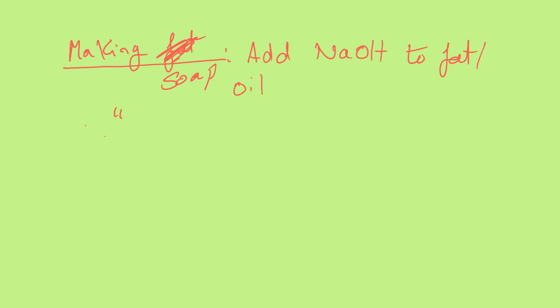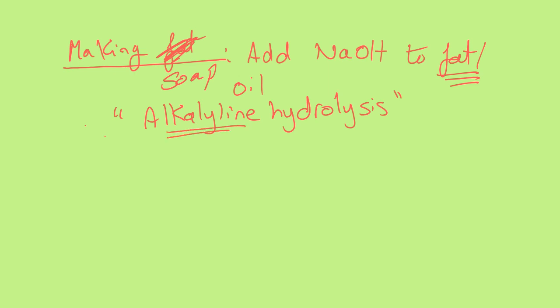The name of the reaction is alkaline hydrolysis. Hydrolysis means breaking down of the molecule. So the molecule of fat is going to be hydrolyzed or broken down into its components, which are the fatty acids and the glycerol. And alkaline means the hydrolysis happens in the presence of an alkali.